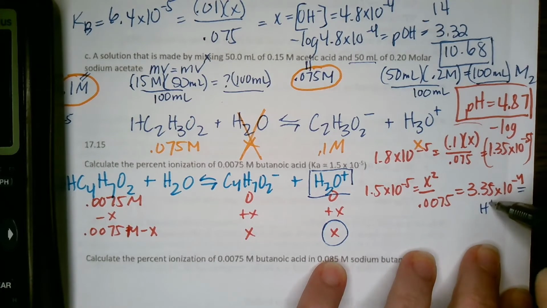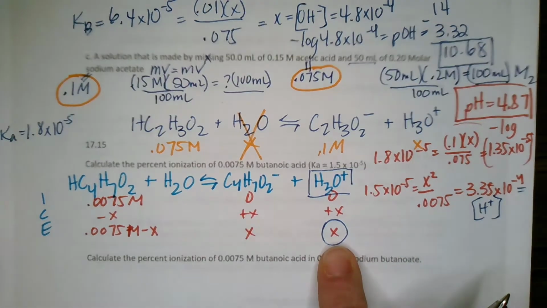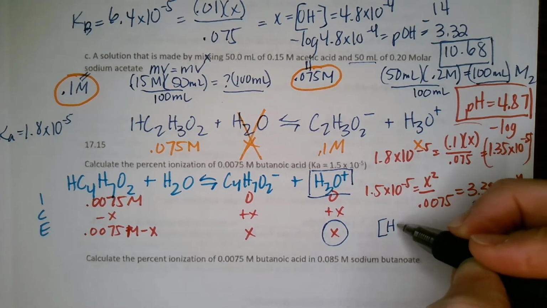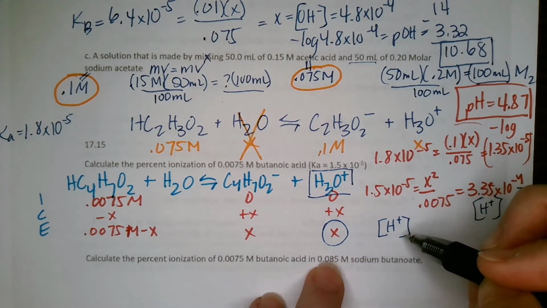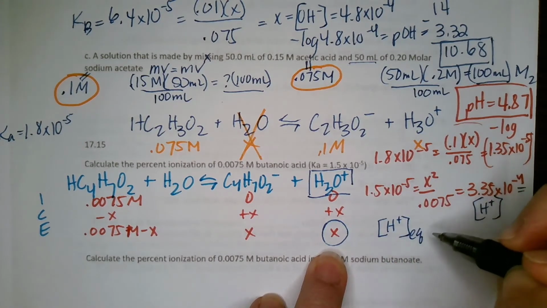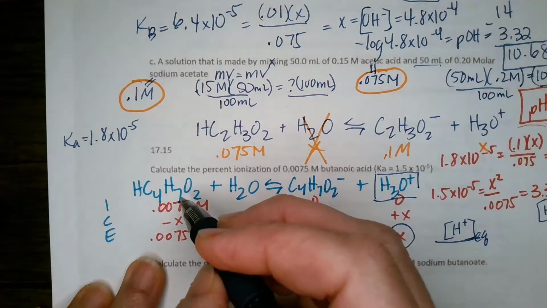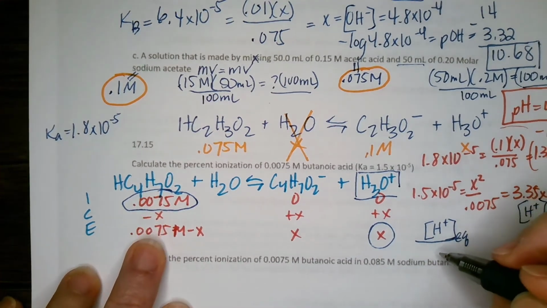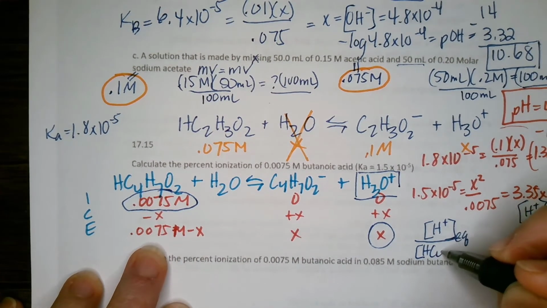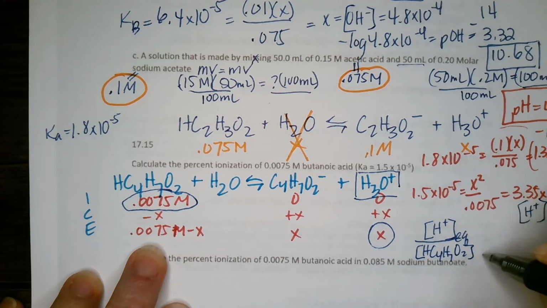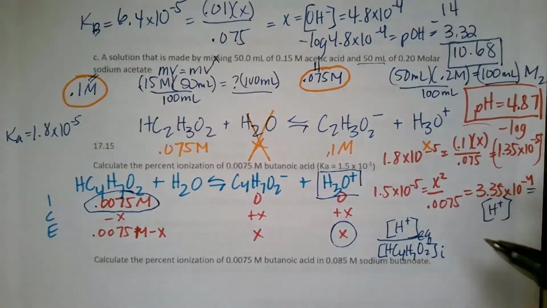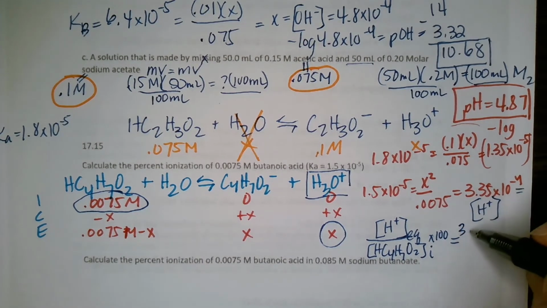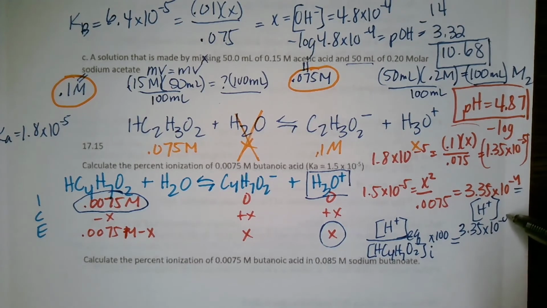X is standing for my hydronium ion at equilibrium. To find my percent ionization, we need to take my H plus ion at equilibrium and divide it by my initial acid concentration, HC4H7O2 initial, and then find it as a percent, so times it by 100.